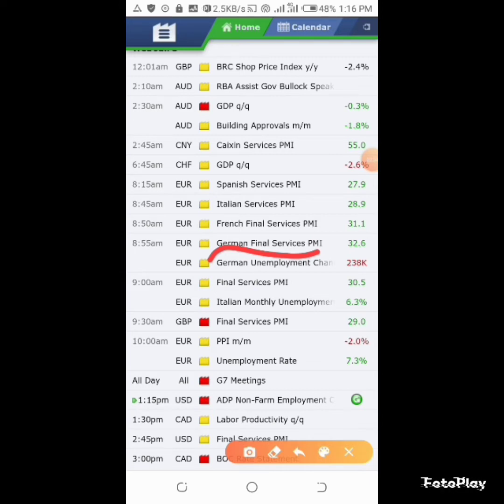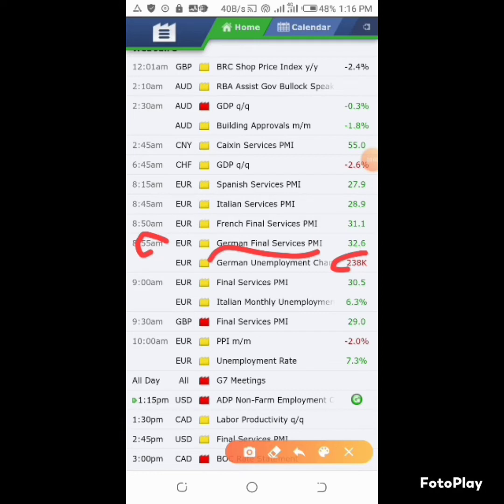For example, German unemployment right here. It is telling you that the change in German unemployment is over 238,000, meaning that 238,000 people have lost their job for the month of May, because this is in June and it's giving you data on May.